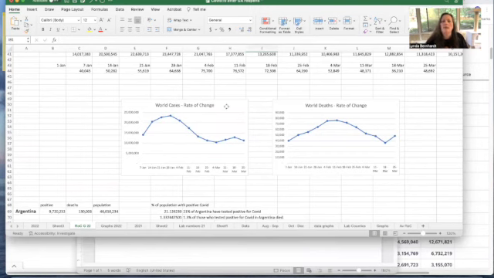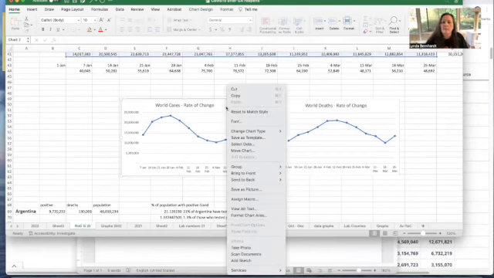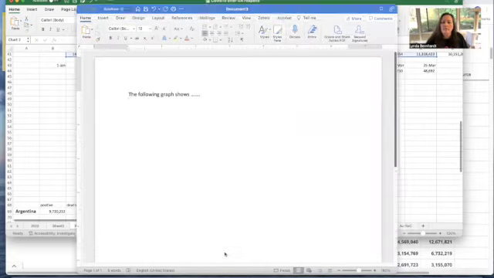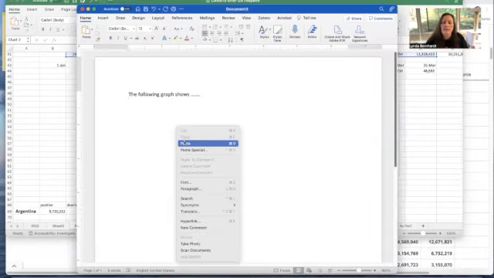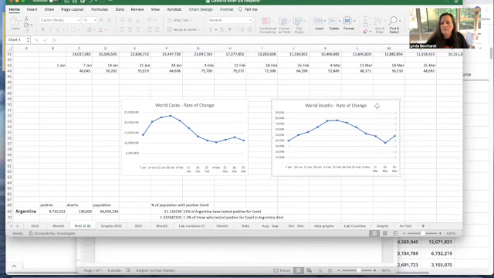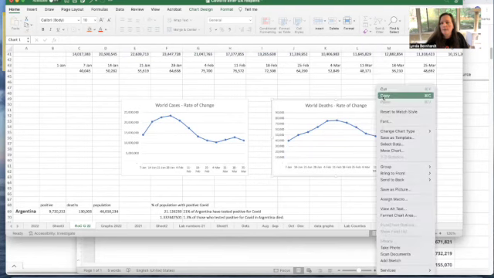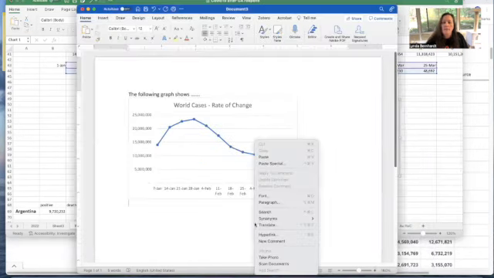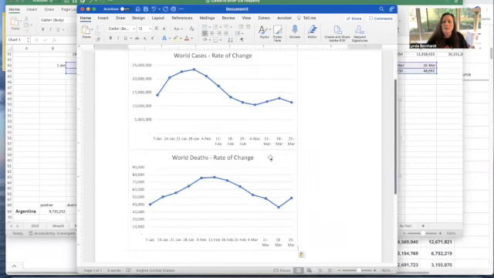And then check this out. Click here, right click, copy, go here, paste. Click outside the graph, enter, and then click here, copy, and then to the Word document, paste.